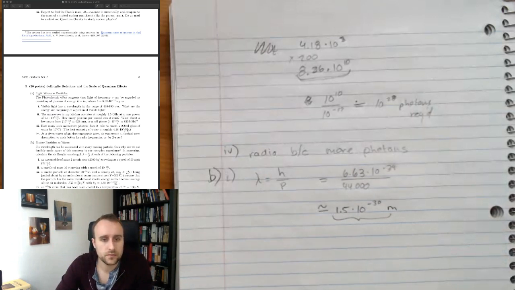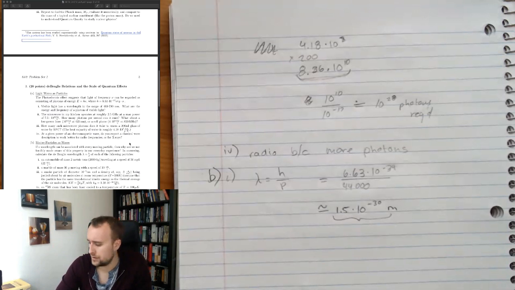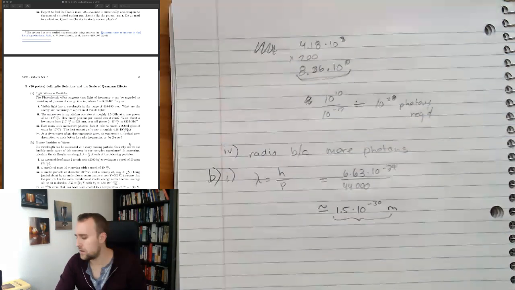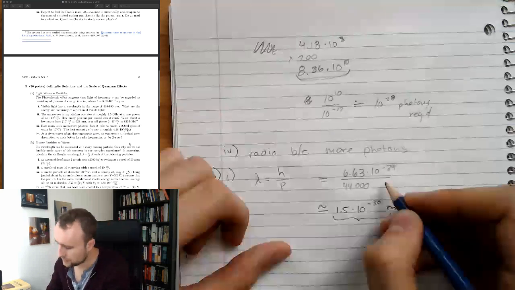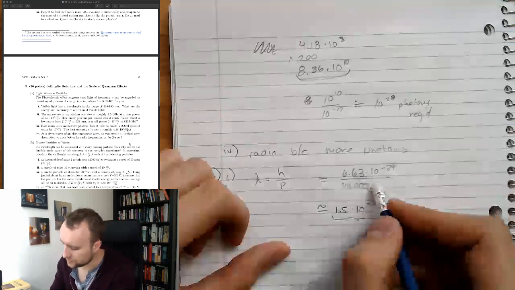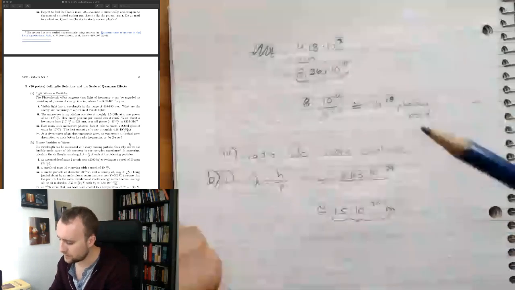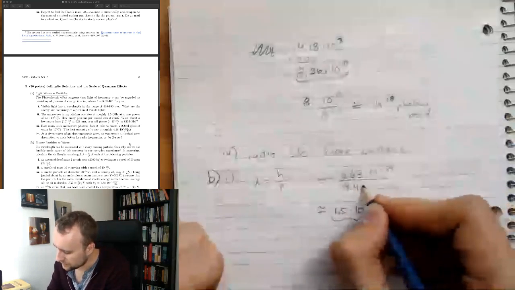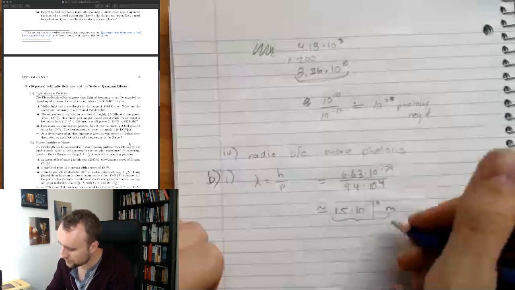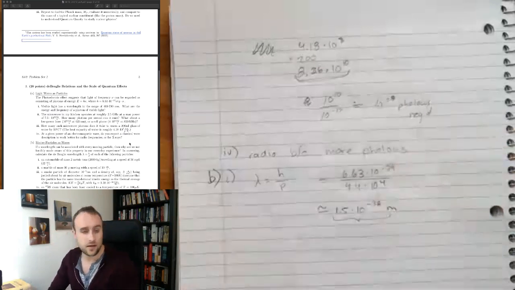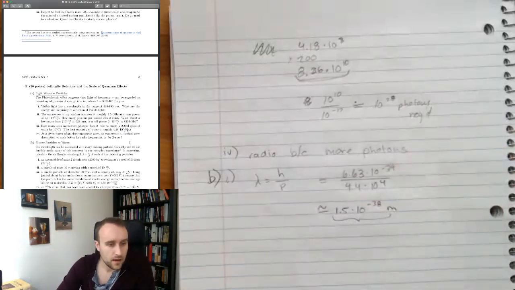Let's see if I'm right. 1.538. Now why 38? Oh, I'm silly. I've been so used to doing these things with negative exponents, but this is 4.4 times 10 to the 4, so it's 38. All right, yeah. Okay.